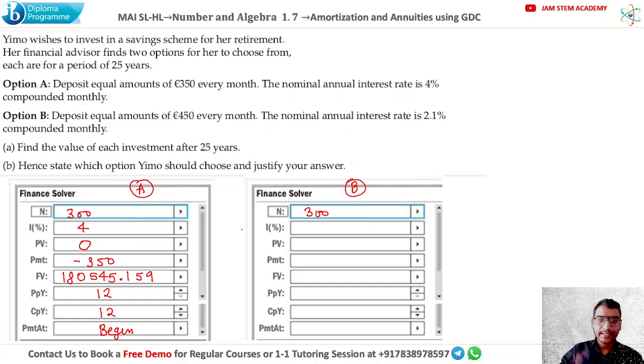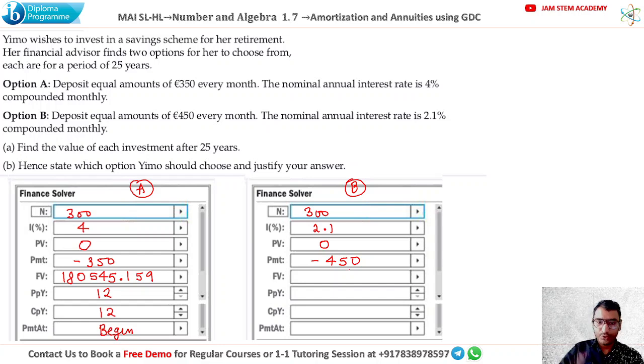Now if I use the second scheme, what's the interest rate here? It is changed to 2.1. Now change that to 2.1. Present value is 0. Again, payment is changed to negative 450. So let's make this minus 450.